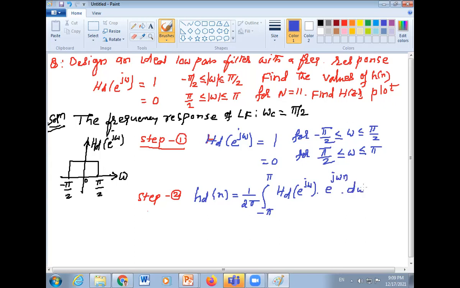This is the formula of the inverse Fourier transform.